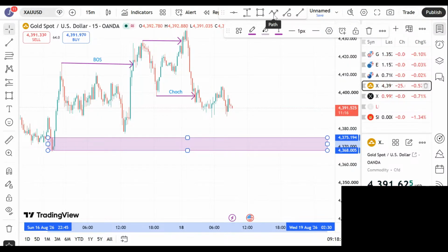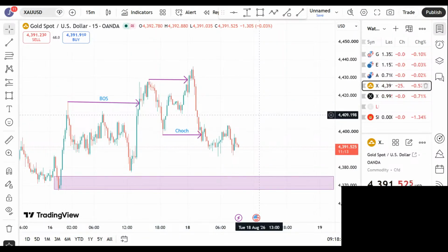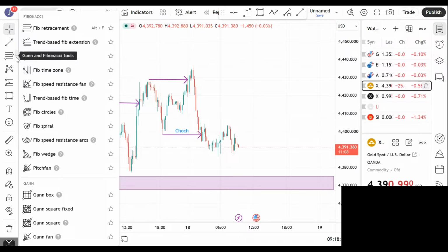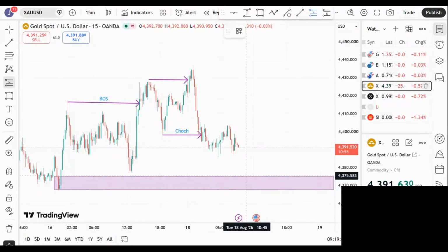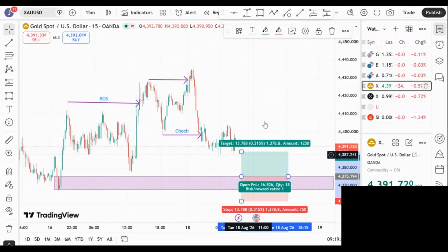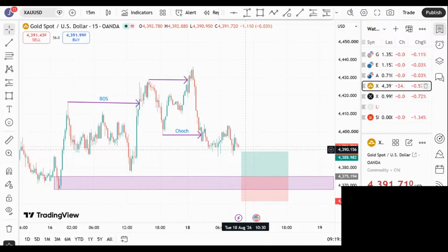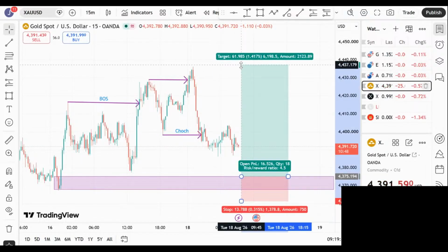Most of the time we can place an aggressive trade. Let me look for my buy. We are waiting for price to tap into this order block. Once price taps into this order block, we'll be looking for some confirmation.